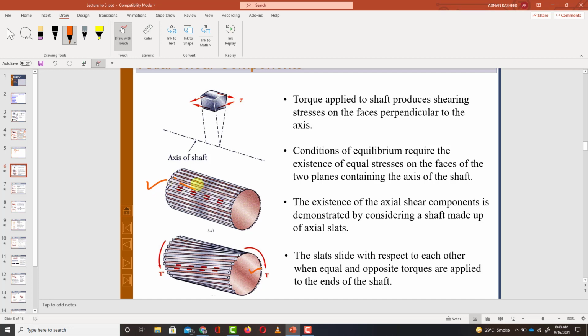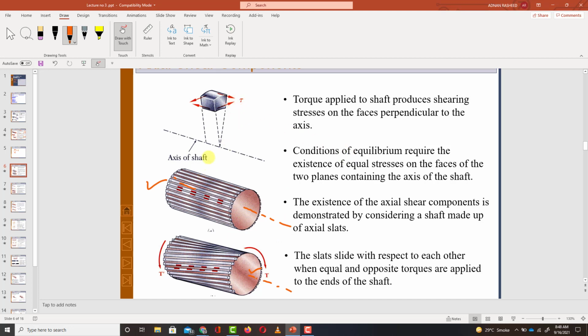Initially, all the slits are parallel to each other and also parallel to the axis of rotation of the shaft. But now these slits are at a certain angle to the axis. They are no longer parallel to this axis. So they have been deformed, and this deformation is known as shear strain.